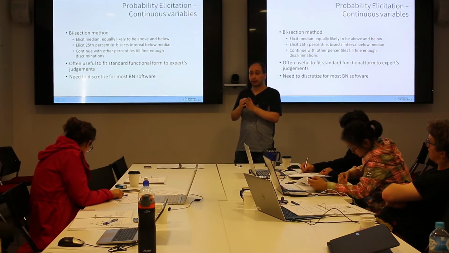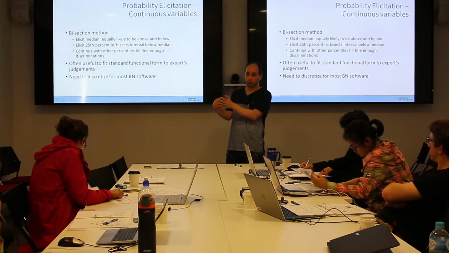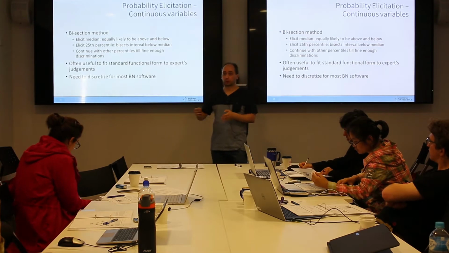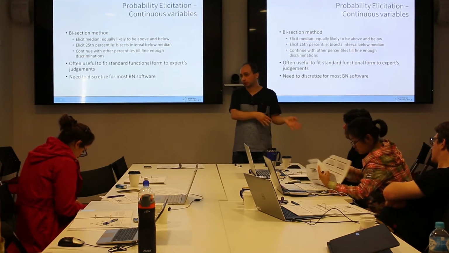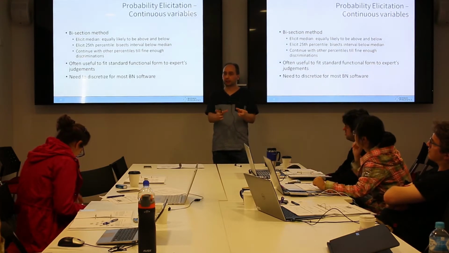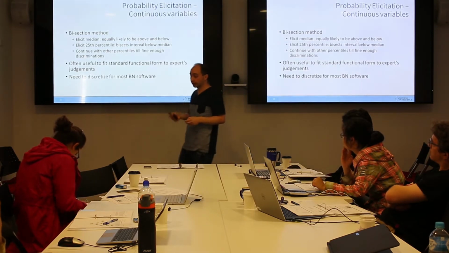So you can elicit basically the quantiles of that distribution. So you can say, well, what's the median value? What's the 25th percentile? What's the 10th percentile, and so forth. And you keep eliciting those to the level of accuracy that you need. And you do this using bisection basically to save time.